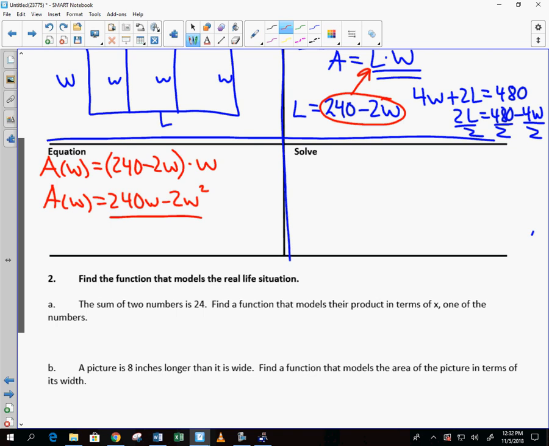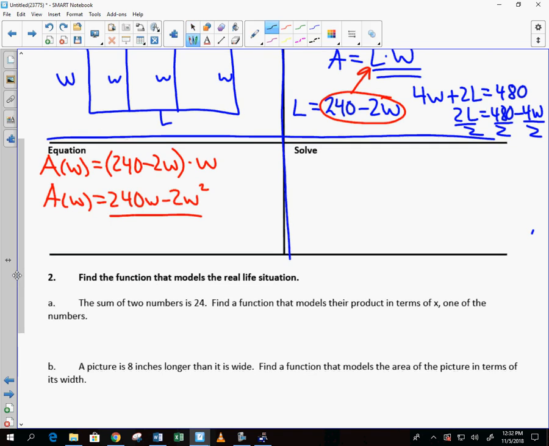Parabola. Is it right side up or upside down? This is an upside down parabola. What do you notice? Does that parabola have a maximum or a minimum? It has a maximum, and we are trying to maximize the area. That spot on the parabola tells us about the maximum area. In fact, you're used to coming up with an x value and a y value. In this situation, we don't have x and y.